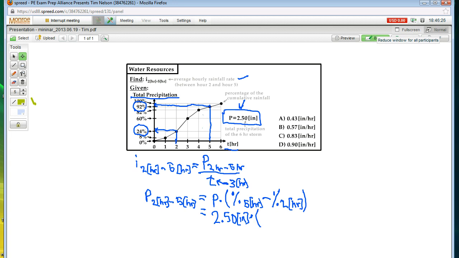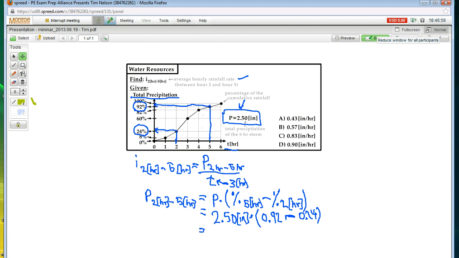Multiply that by, I'll use a decimal, 0.92, minus 0.24.